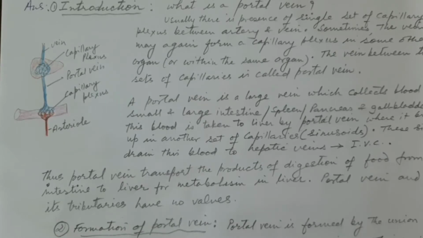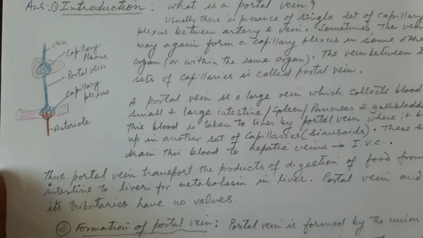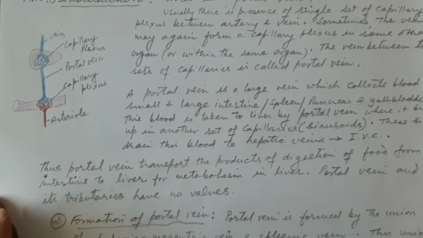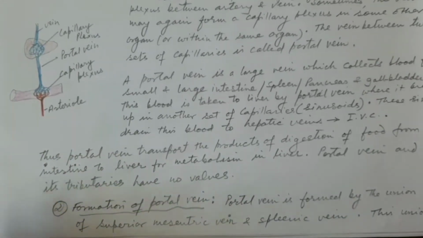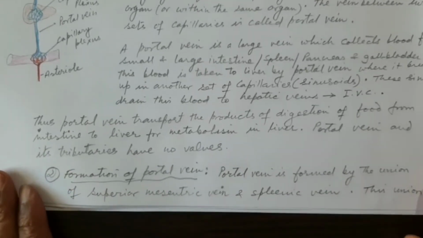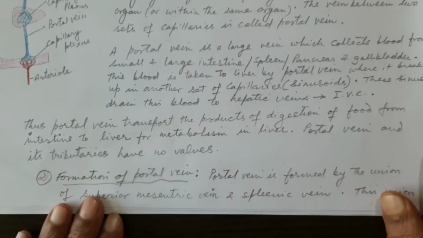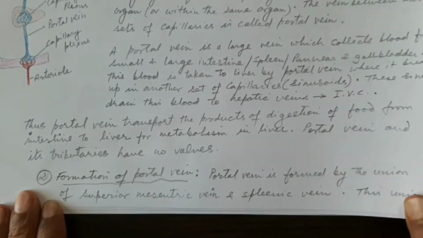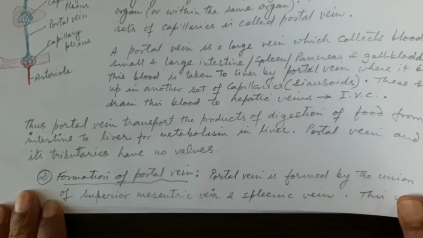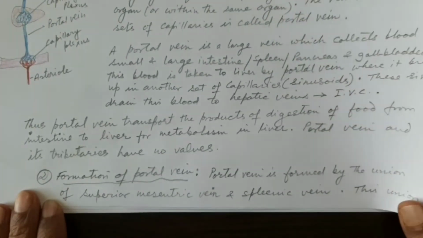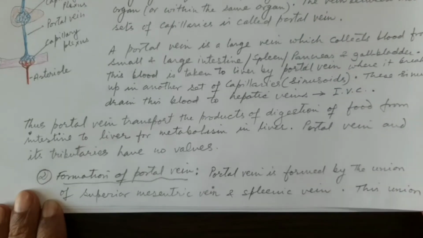This superior mesenteric vein unites with the splenic vein to form the portal vein. So it is primarily the union of the splenic vein, which brings the blood from the spleen, and the blood brought from the intestine through the superior mesenteric vein, they unite to form the portal vein.